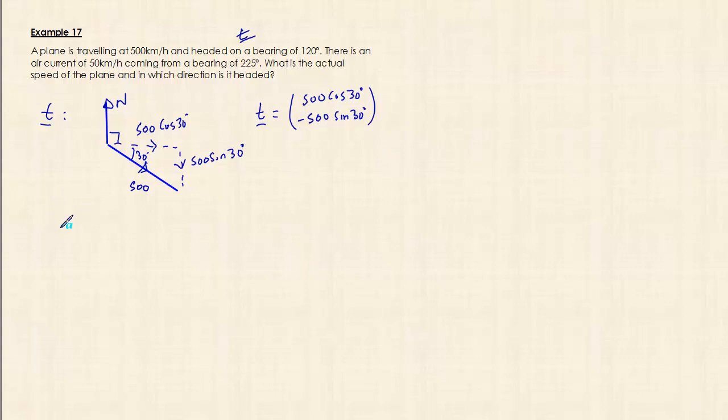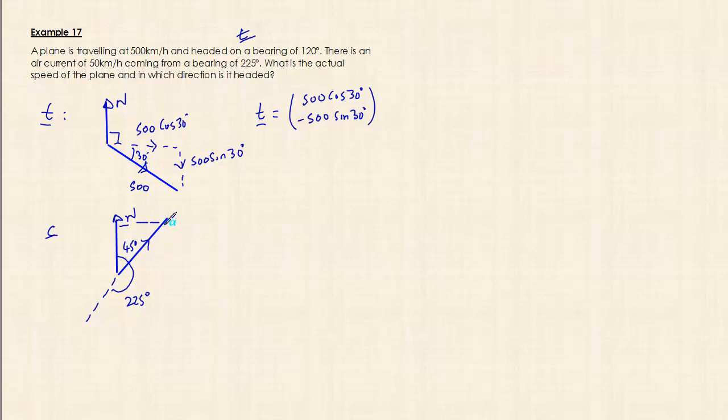Now let's look at the air current. So once again we're going to need a north. It's coming from a bearing of 225. So in other words, it's going in this direction here. So if this is 225, take away 180, this is 45.